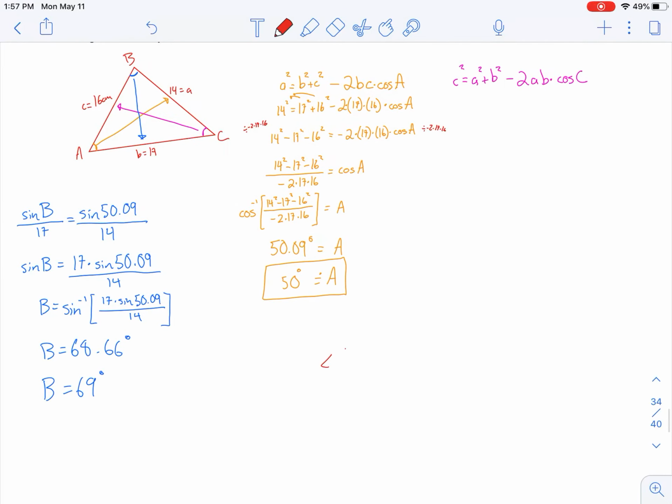So angle C is going to be equal to 180 minus, let's go a little more accurate, let's use 50.09 minus 68.66.